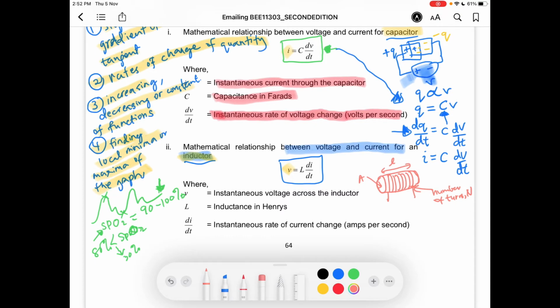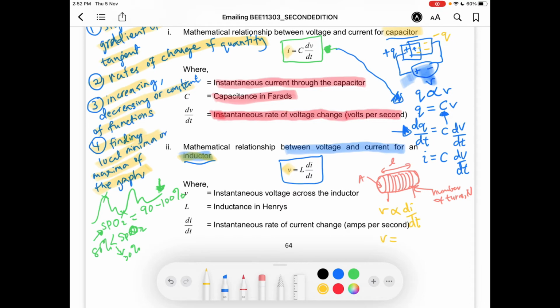Now, when previous people did the experiment, they found that if current is allowed to pass through an inductor, the voltage of the inductor is directly proportional to the time rate of change of the current, di over dt.